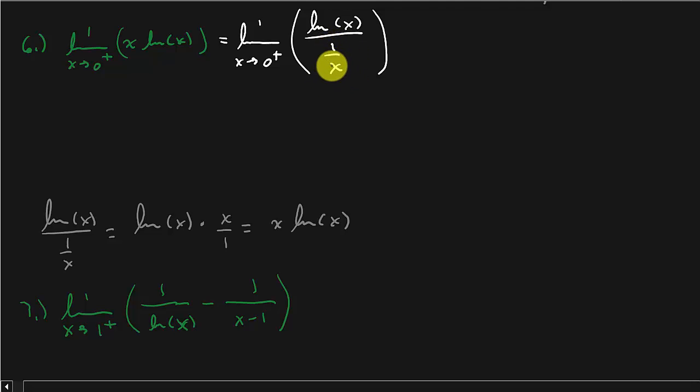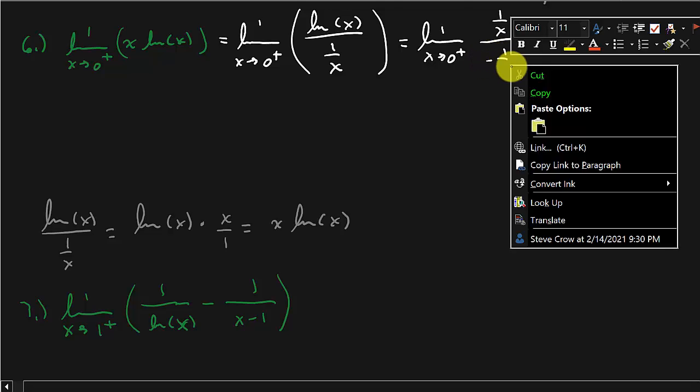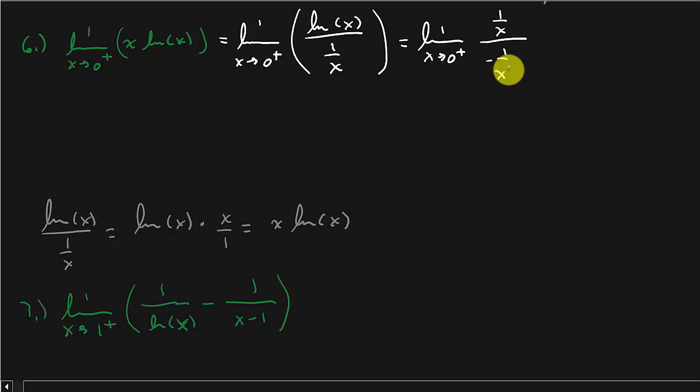So this one's going to infinity. So I've got negative infinity over positive infinity. So I can apply L'Hopital's rule. And so this is the limit as x goes to 0 from the right. The derivative of natural log is 1 over x. The derivative of 1 over x is negative 1 over x squared.